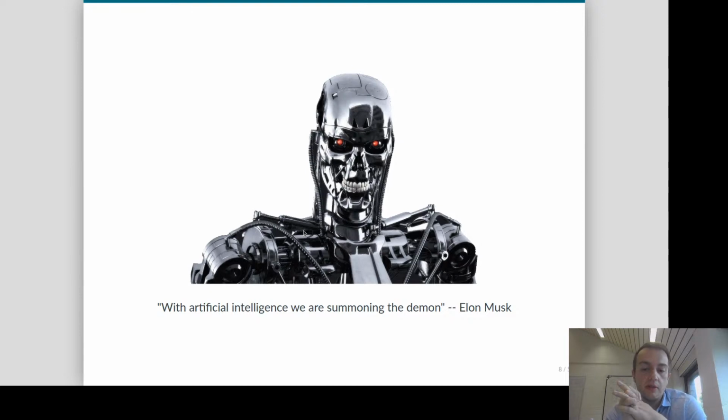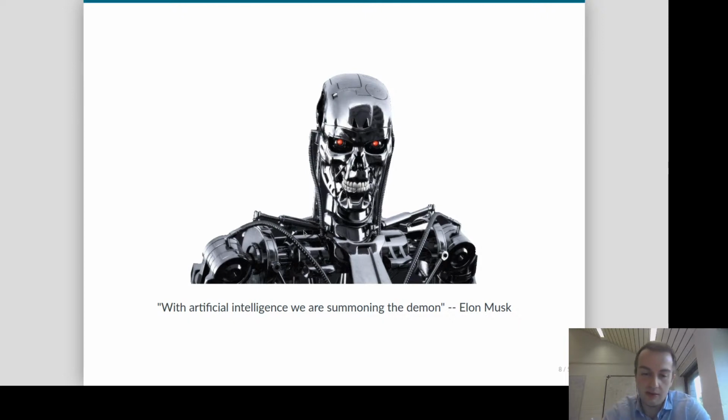This is something which is common, and highlighted also by famous people like Elon Musk, who says that with artificial intelligence we are summoning the demon. This is really a caricature of what AI is today, and not the picture that you should have in your mind when we talk about AI.